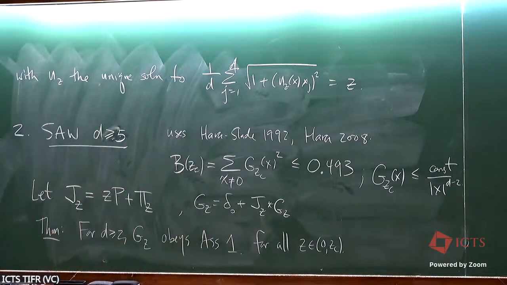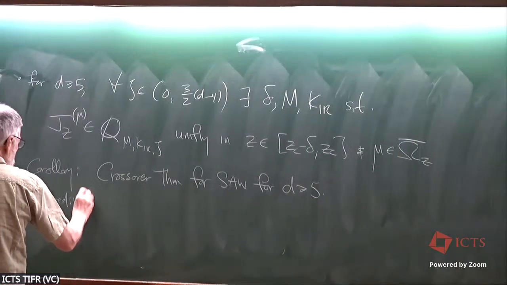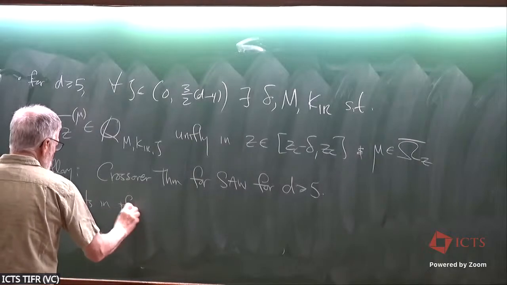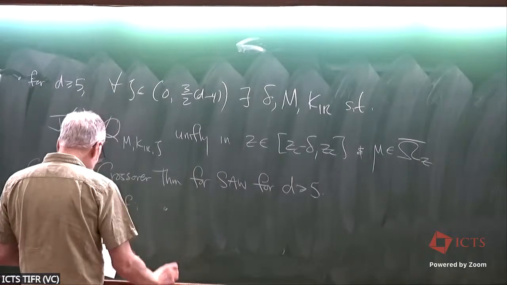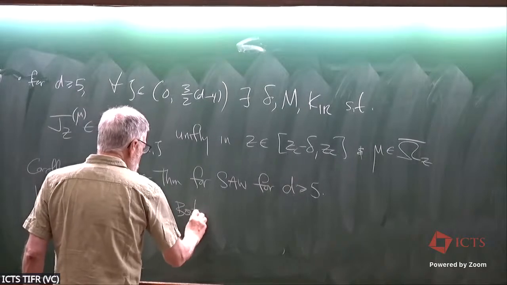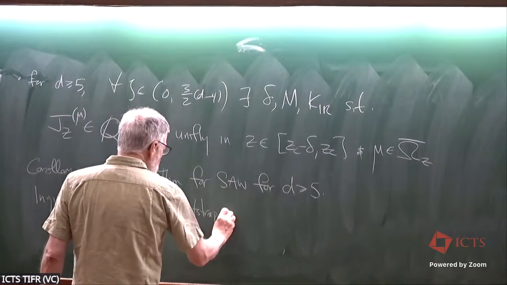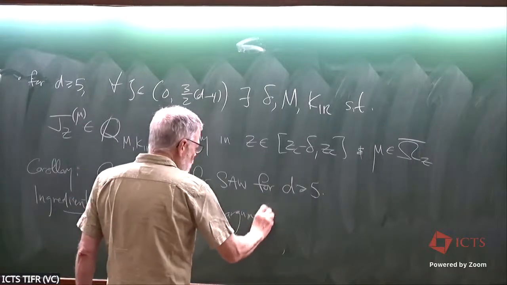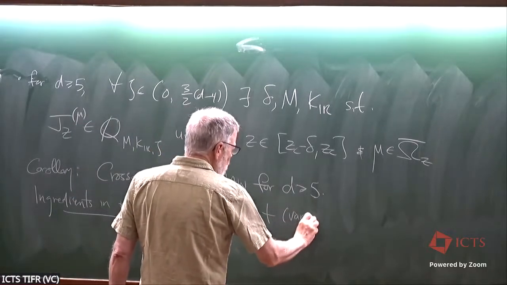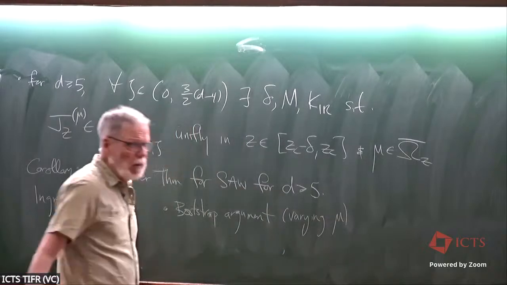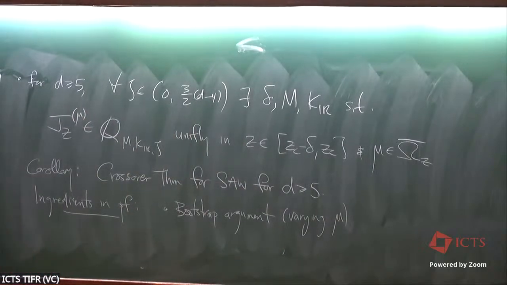So the ingredients in the proof is there's a bootstrap argument. It's varying mu. This is standard now. It was done in 1990 by Hara, just for the case where mu was pointing in the e_1 direction. And so all we need to do is to extend that to general directions.